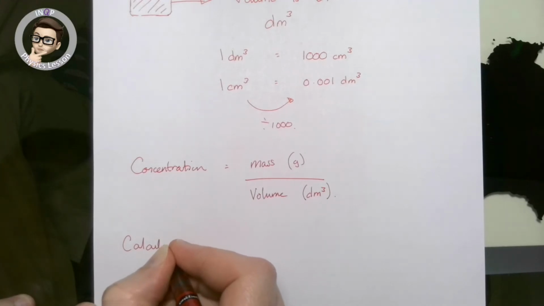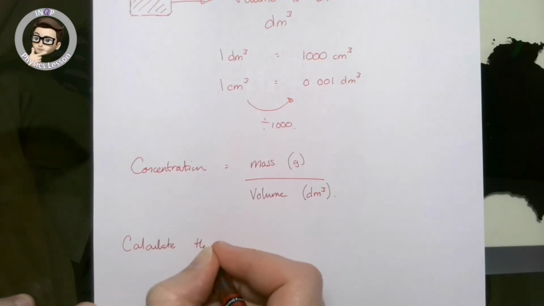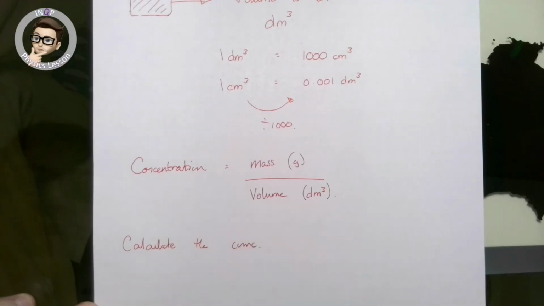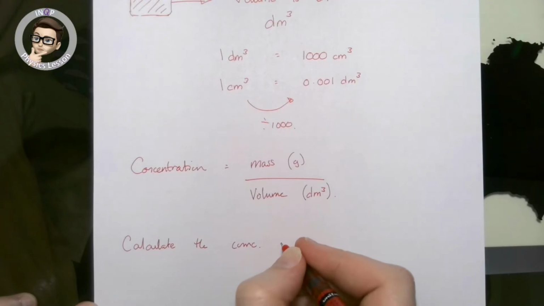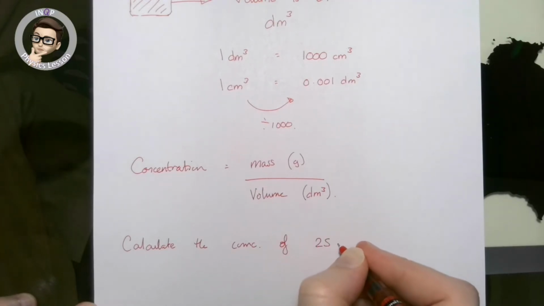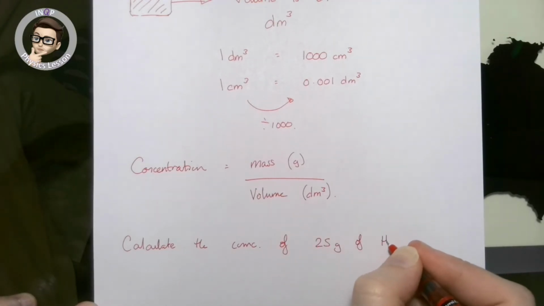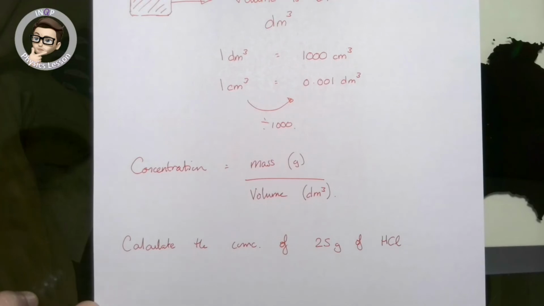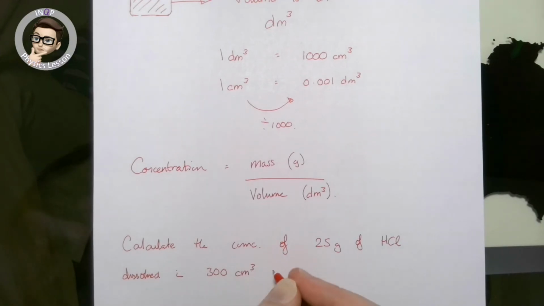Calculate the concentration of 25 grams of HCl, hydrochloric acid, dissolved in 300 centimeters cubed of water. So there's our question.